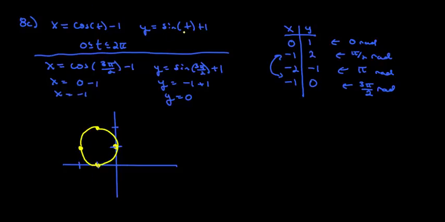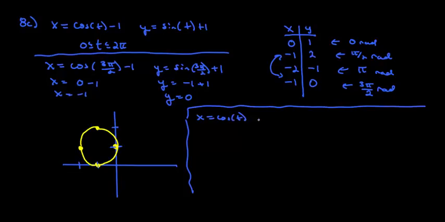So let's take a look at this equation here. First of all, I've got sine over here and cosine over here. So if you were going to try to solve for this, okay, so I've got x equals cosine t minus 1 and y equals sine t plus 1.